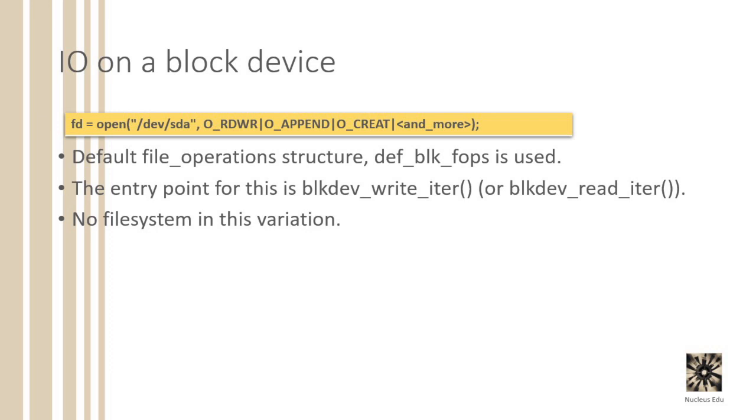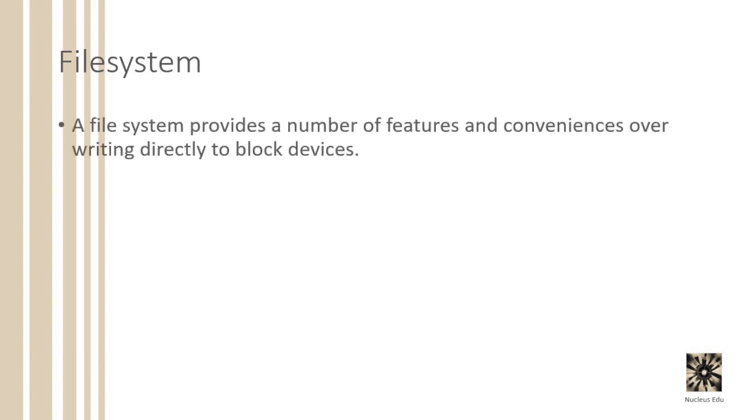Using block devices directly is done by modules and use cases like databases or MD RAID, but from a user's perspective, you want a file system because it provides a number of features and conveniences over writing directly to the block device, which we just saw.